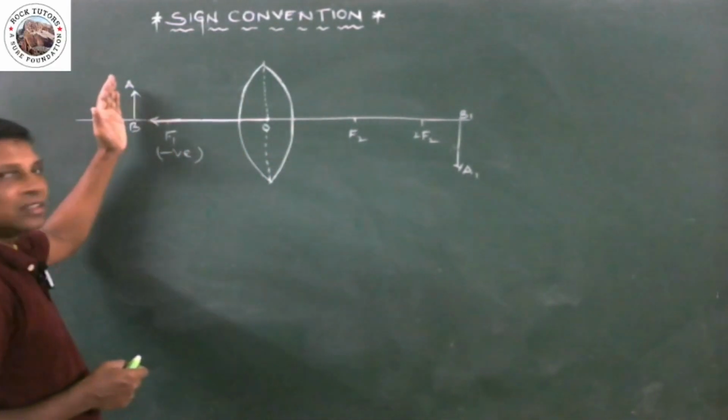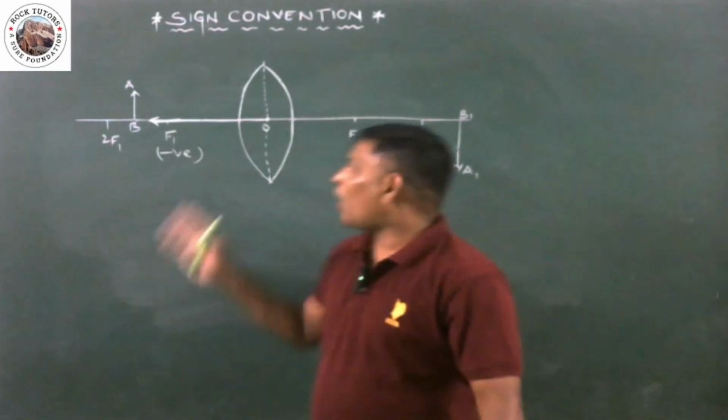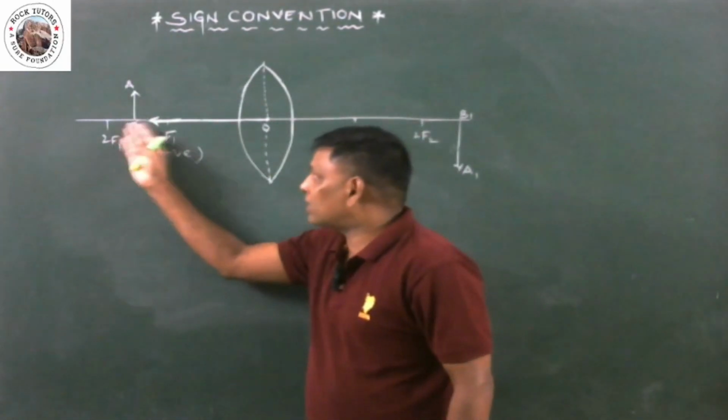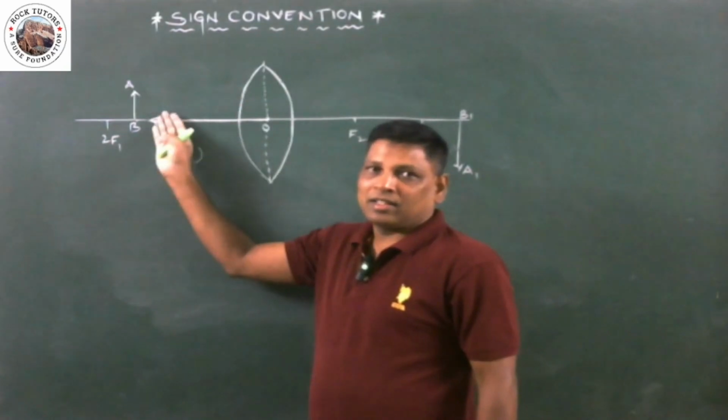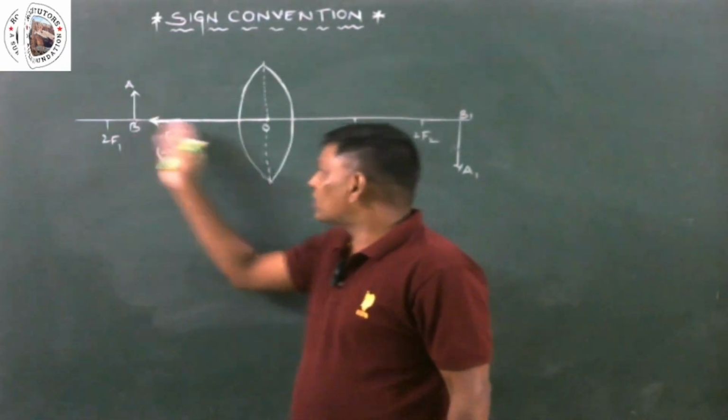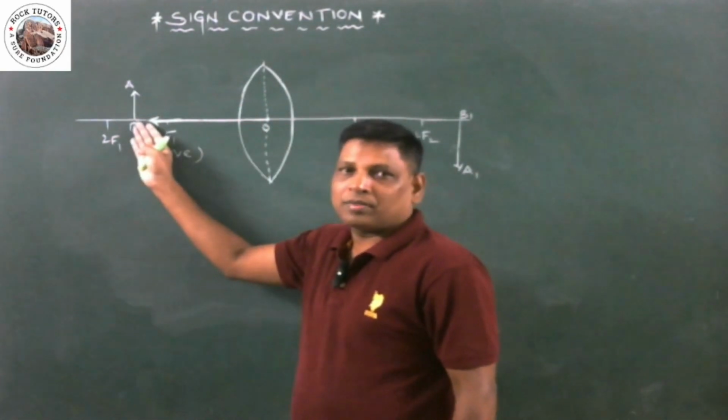This is the object. The distance between the optical center and the object is called the object distance. Here the object distance is OB, not BO.